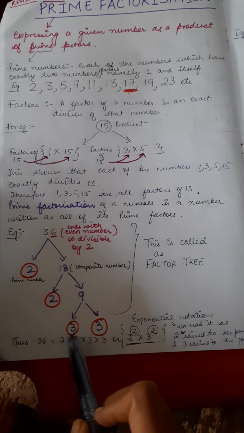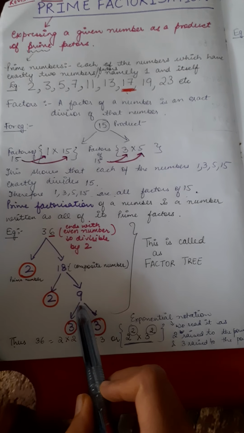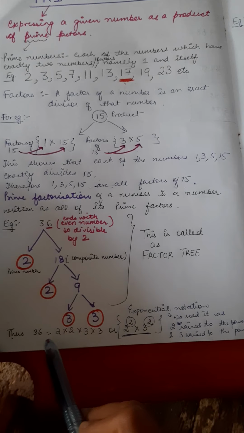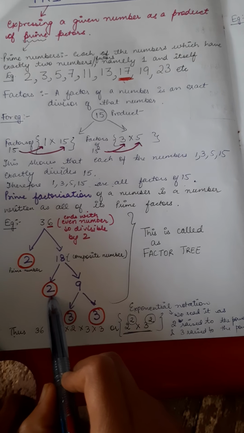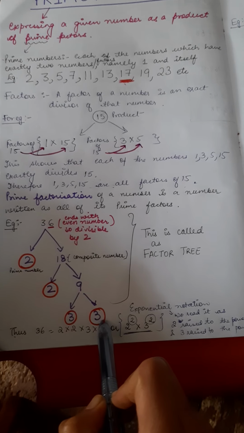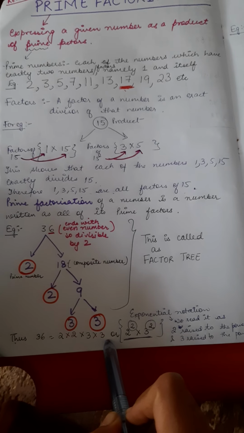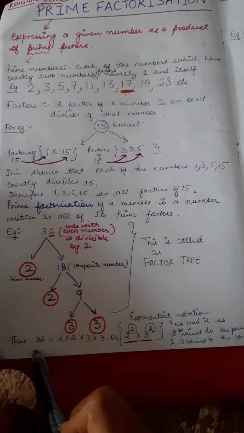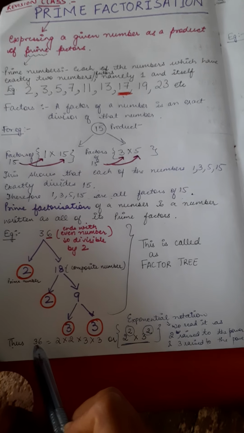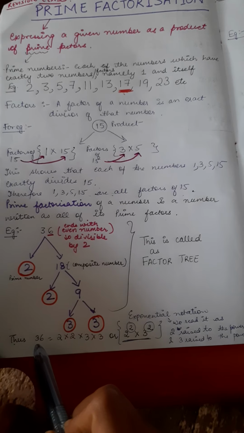The multiple 3 and 3 gives me 9. So here you can see I have written 36 is equal to 2 multiply 2 multiply 3 multiply 3. These are all the prime factors which are giving me the answer for this number 36.